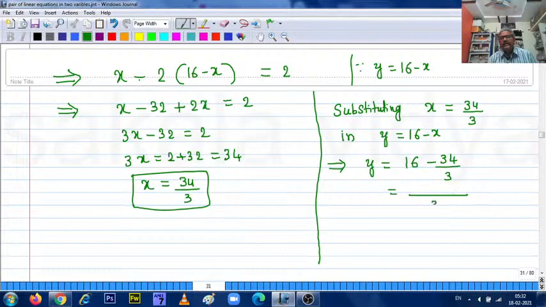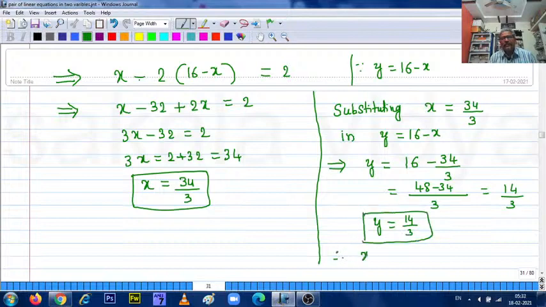Here 3 is the LCM. 16 into 3 is 48, minus 34, you get 14 by 3. So y equals 14 by 3. Therefore x is equal to 34 by 3 and y equals 14 by 3. Hence it has been solved. This method is called substitution method.